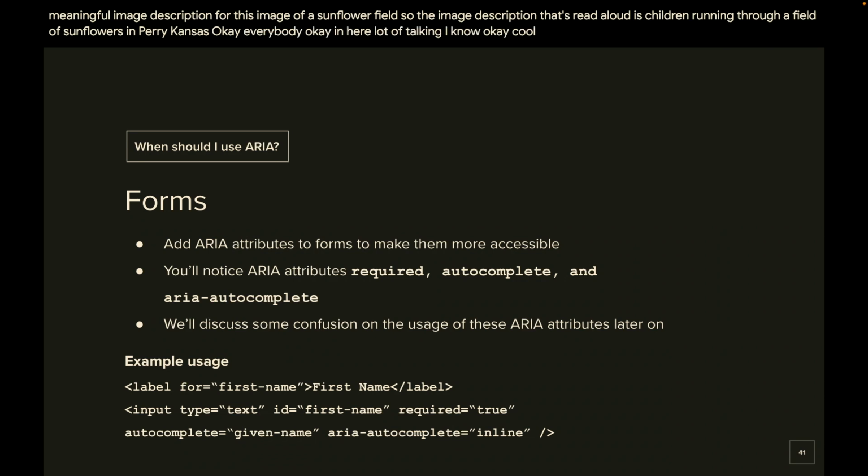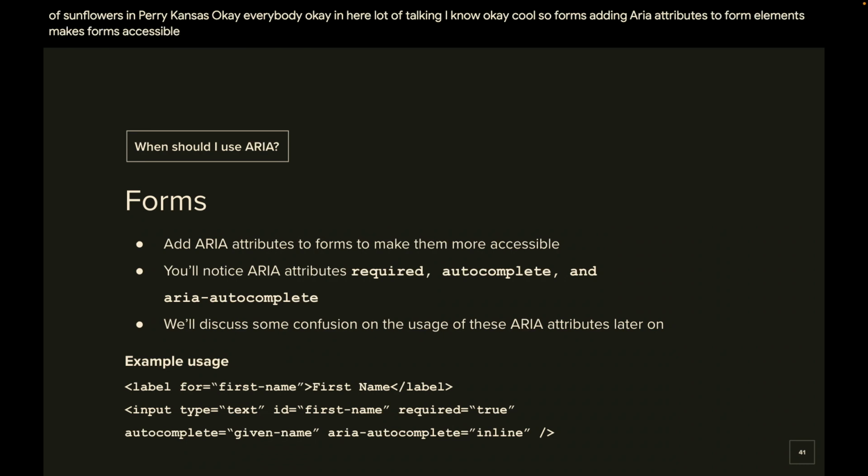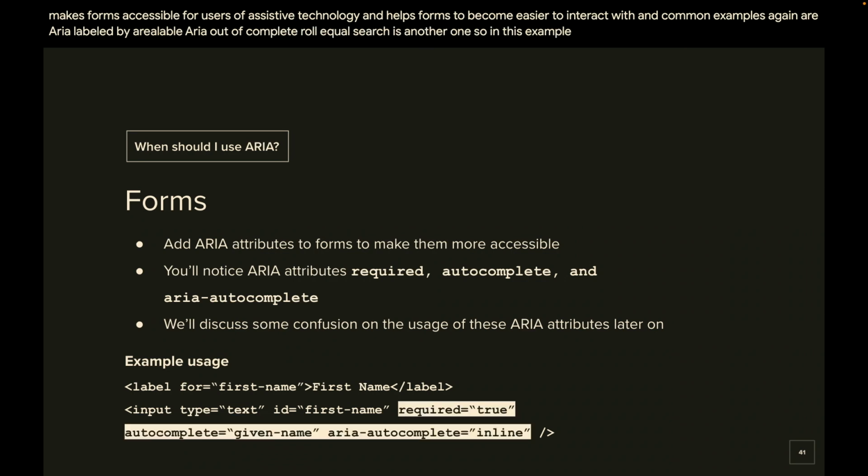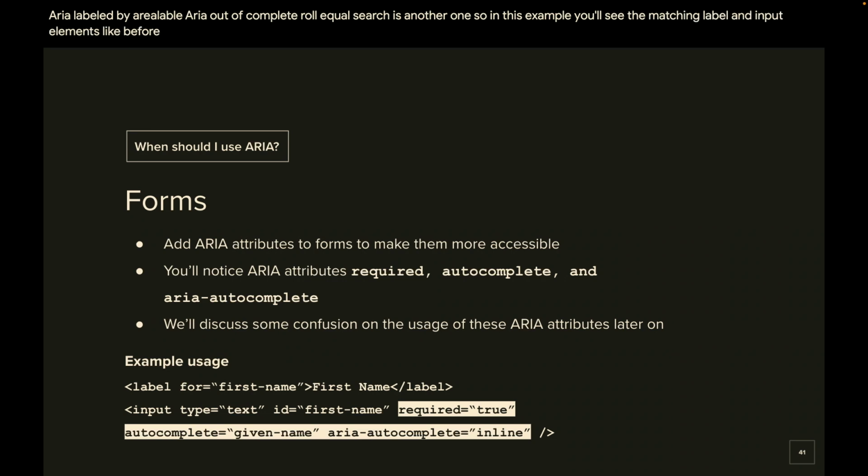Okay, cool. So forms, adding ARIA attributes to form elements makes forms accessible for users of assistive technology and helps forms to become easier to interact with. Common examples, again, are ARIA labeled by, ARIA label, ARIA autocomplete, role equals search is another one. So in this example, you'll see the matching label and input elements like before.